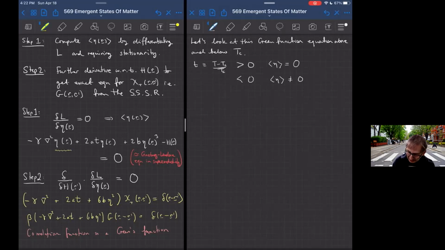Okay, and assuming that there are no spatial variations, these will be spatially uniform. So eta is equal to minus at over b, so this is something like the square root of minus at over b.